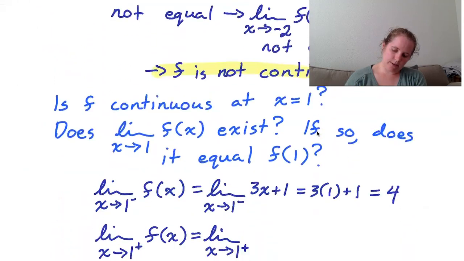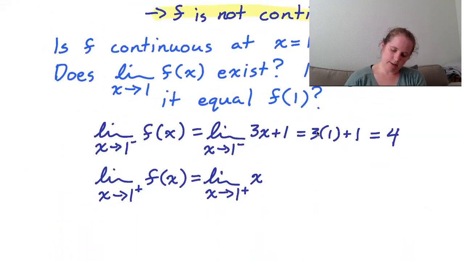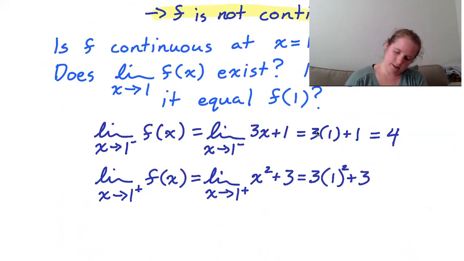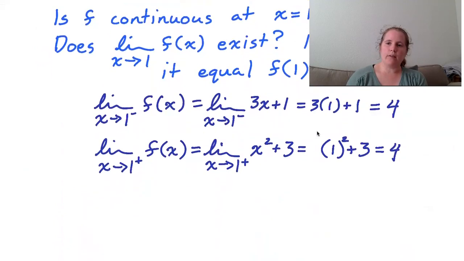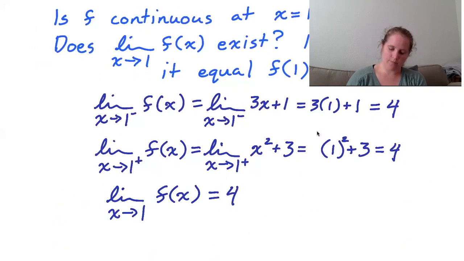So this is equal to the limit as x approaches 1 from the right of x squared plus 3. Plugging in, oops, sorry, it's just 1 squared plus 3. And that winds up being 4. So we have that the limit exists and that the limit as x approaches 1 of f of x is indeed 4.